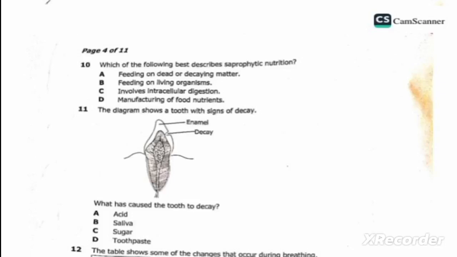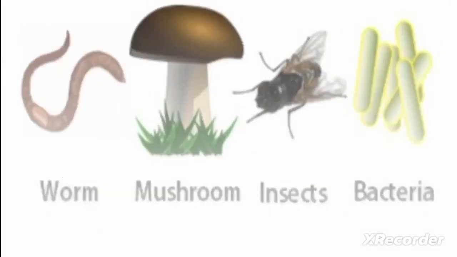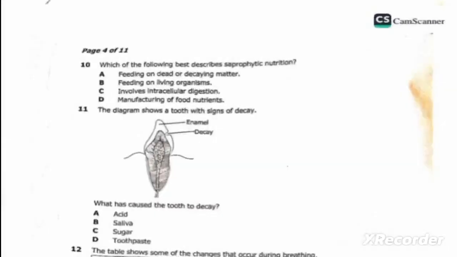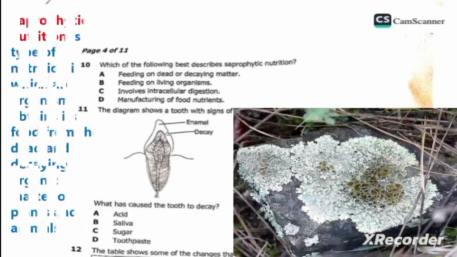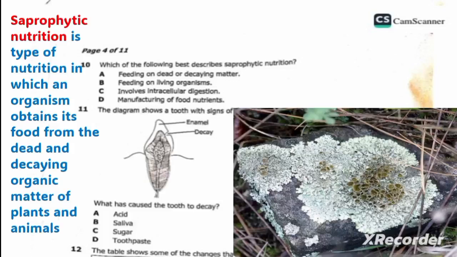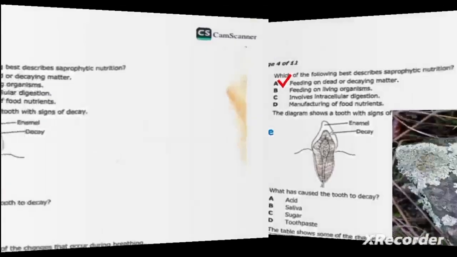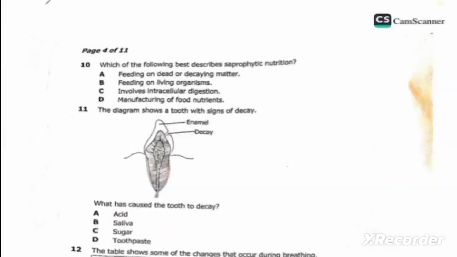Saprophytic nutrition is the type of nutrition in which organisms feed on dead materials. So therefore our correct answer is A. We shift to the next question, which is question 11. The question reads, the diagram shows a tooth with signs of decay.